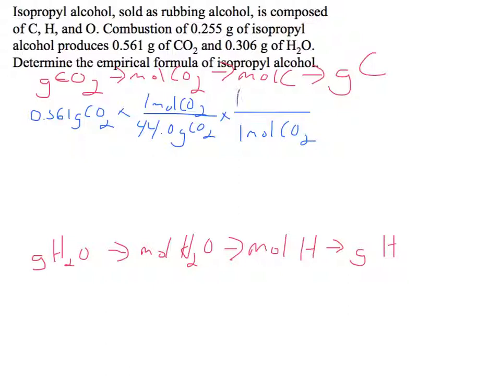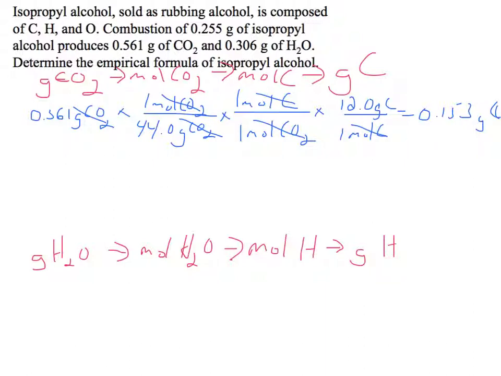So we have 1 mole of carbon atoms, and for 1 mole of carbon we have 12.0 grams. Our moles of carbon cancel, moles of carbon dioxide cancel, grams of carbon dioxide cancel, and we are left with 0.153 grams of carbon.